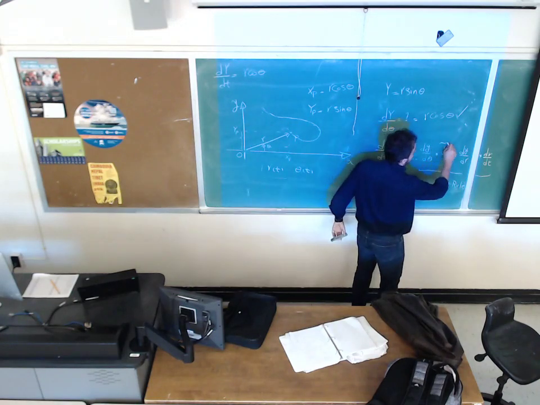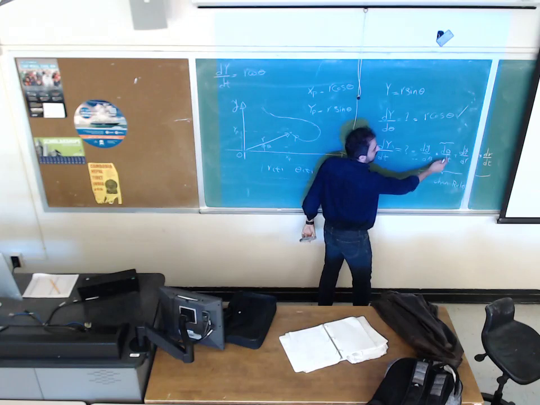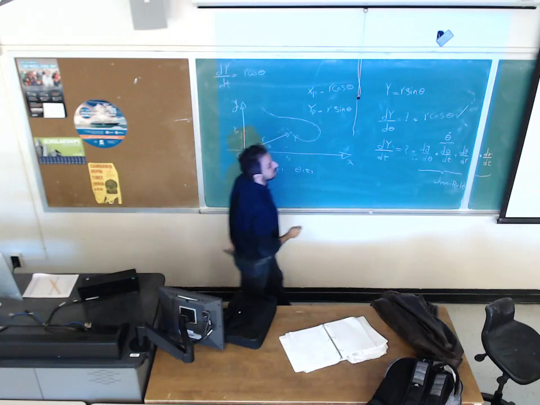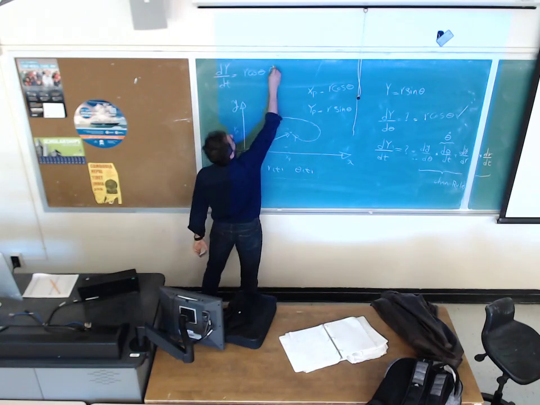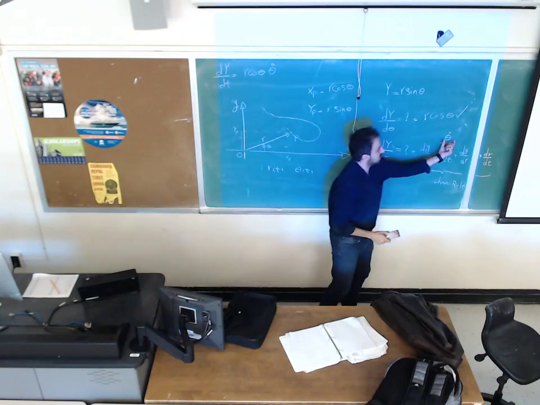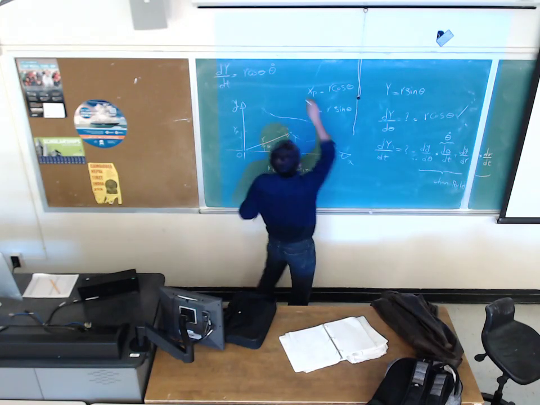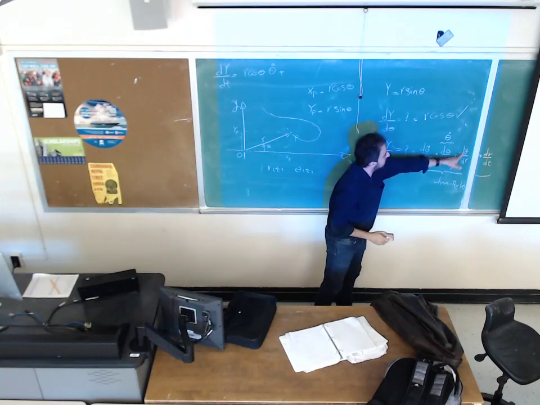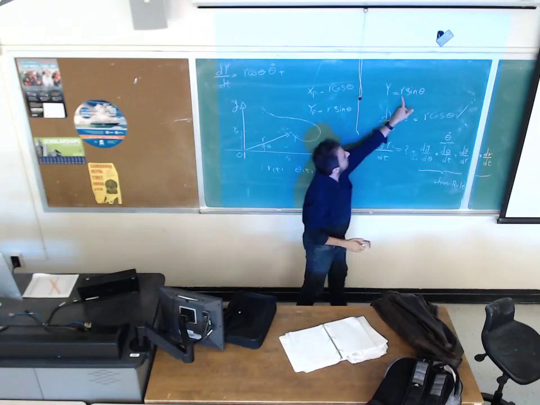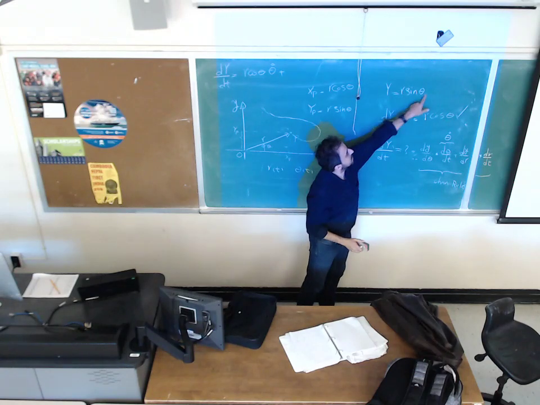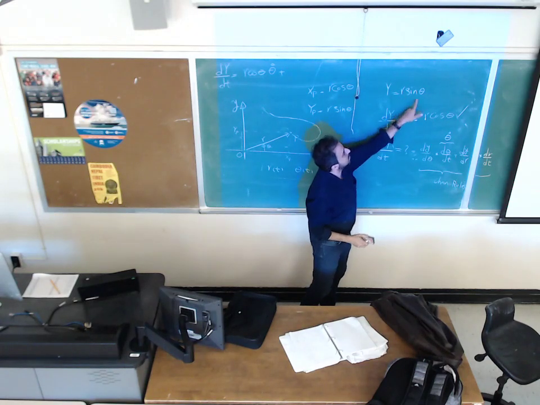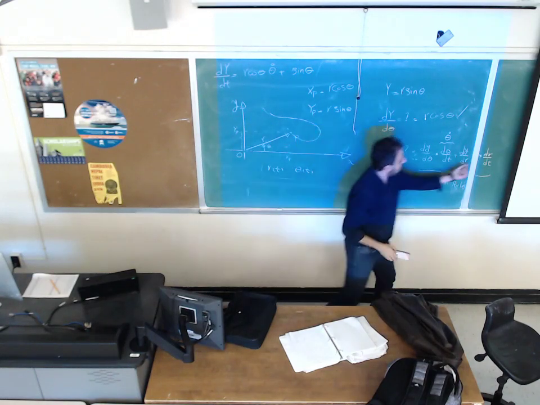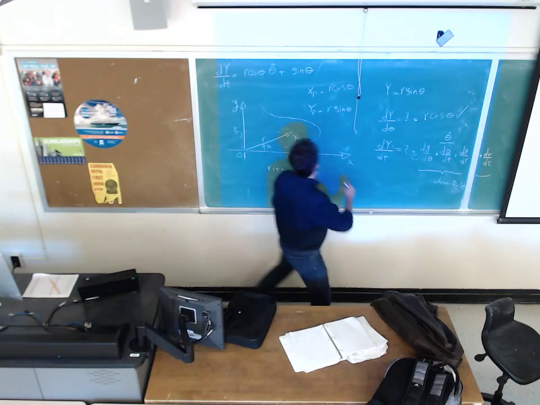This term is going to be the angular velocity of theta, which I represent by theta dot or omega. So theta dot is an angular velocity, plus the derivative of y with respect to r. We have 1 r, and the derivative of this with respect to r is going to be 1 times sine of theta, times dr over dt.